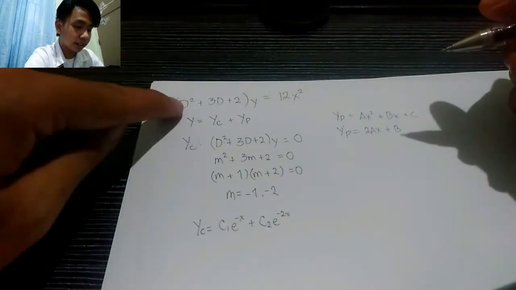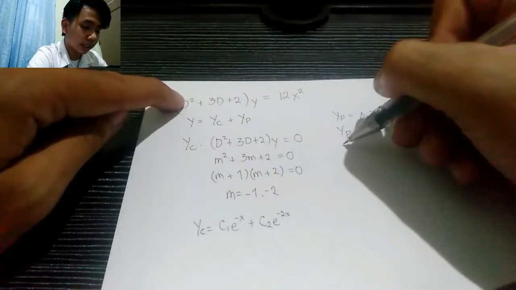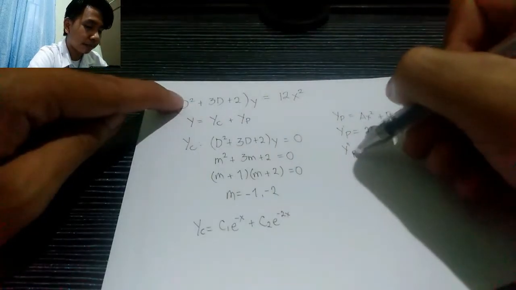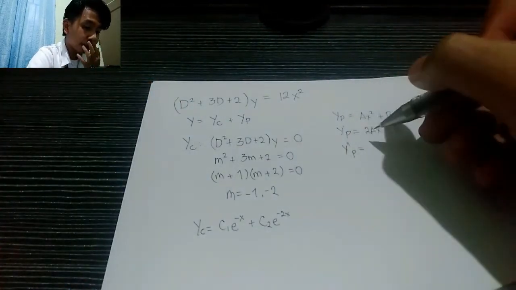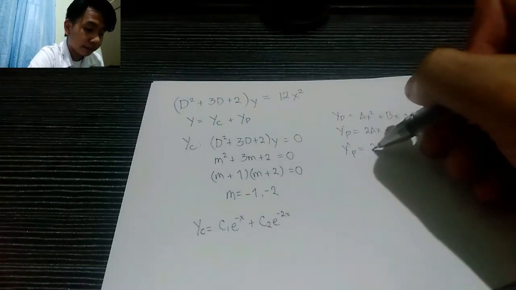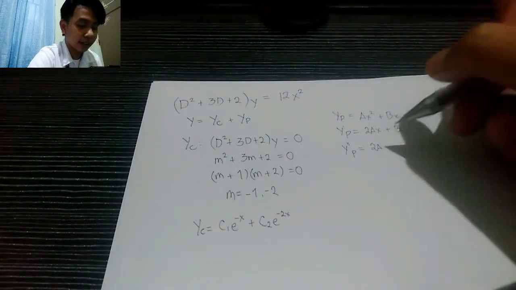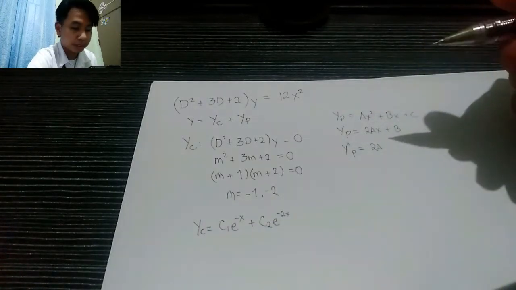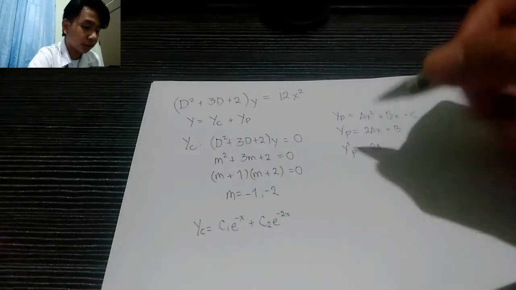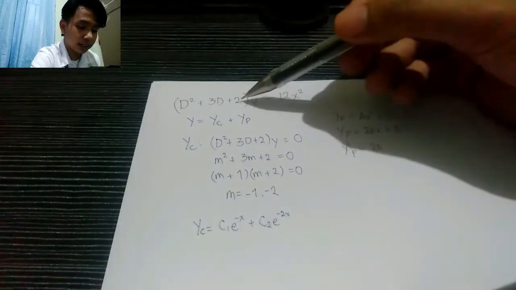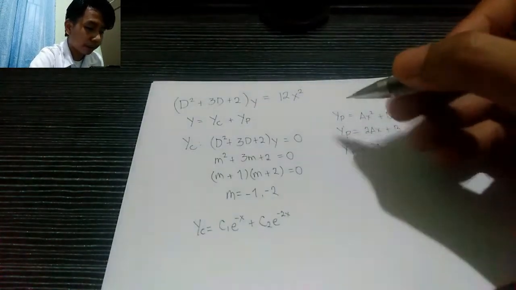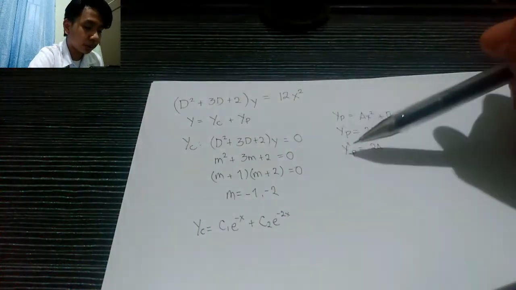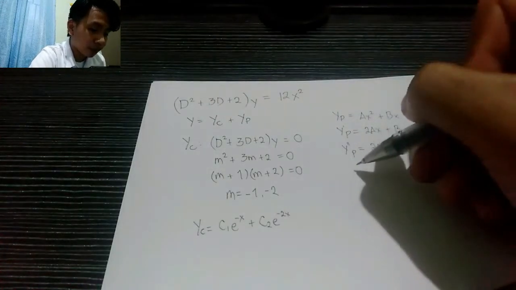Then, since second derivative to, so kunin natin yung second derivative. Equal siya sa 2a. Ayan, 2a na lang. Then, after natin makuha yung mga derivatives, substitute natin yung mga value nila dito sa original equation. So, yung d squared ay yung y double prime.